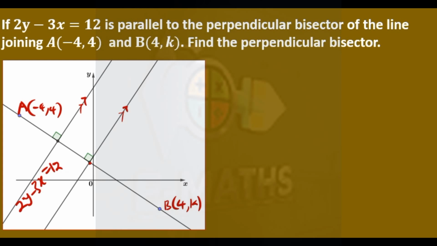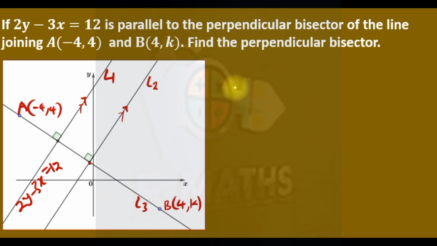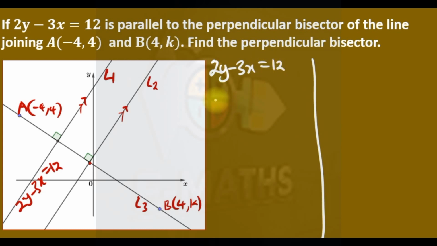Let's call this line 1, this line 2, and this line 3. Let's get the slope of line 1. Remember, from slope-intercept form, the slope of a line is the coefficient of x if we make y the subject of the formula. From 2y minus 3x equal to 12, making y the subject, y is equal to 3 over 2 x plus 6.